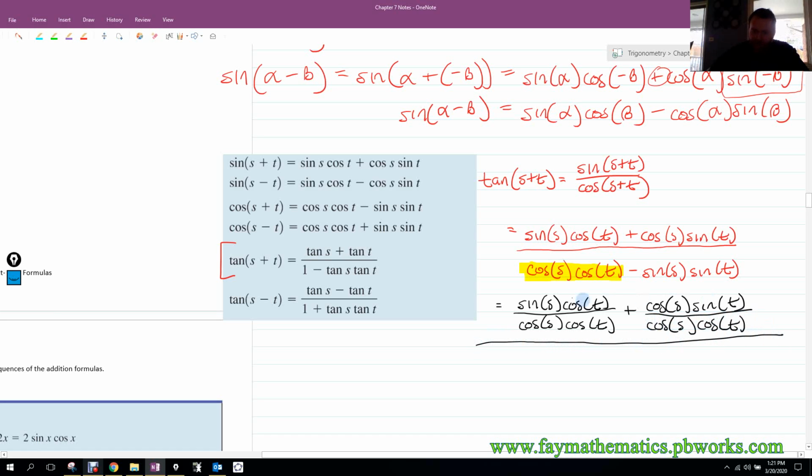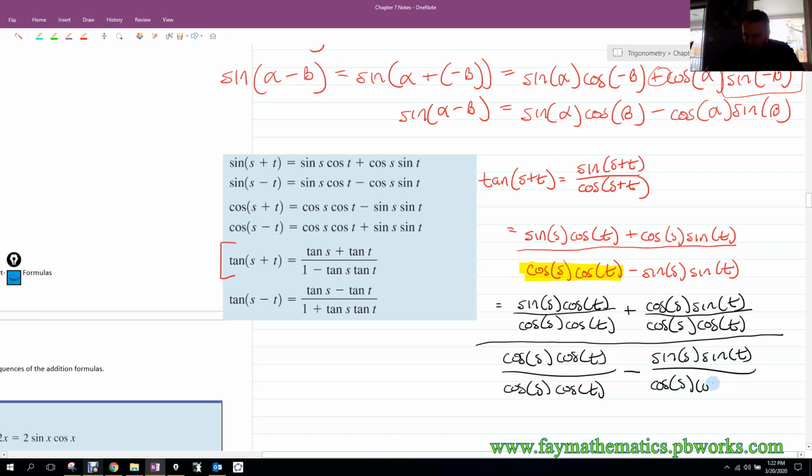Now the bottom is going to be this yellow thing divided by itself, so cosine s cosine t divided by cosine s cosine t. Oh, should be minus. Minus sine of s sine of t, divided by the yellow thing, which is cosine s cosine t.